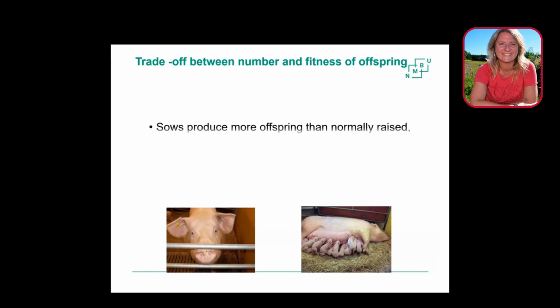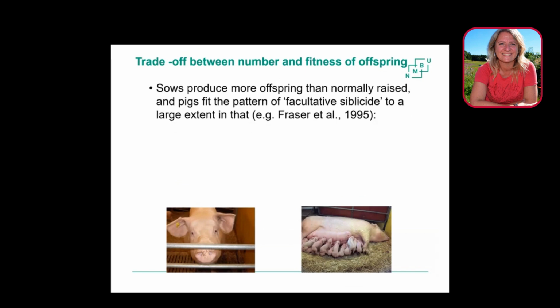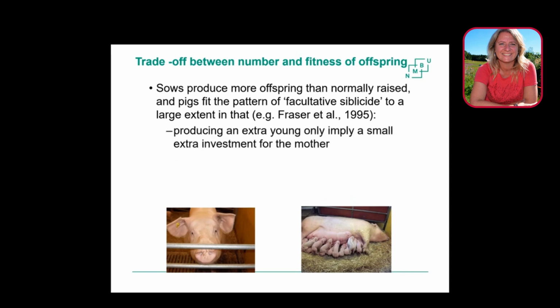First of all, sows produce more offspring than normally raised, and pigs fit the pattern of facultative siblicide from biology, seen in a lot of different species that give birth to large litters, including the spotted hyena, for instance. They fit this pattern well in that to produce an extra young only implies a small extra investment for the mother.